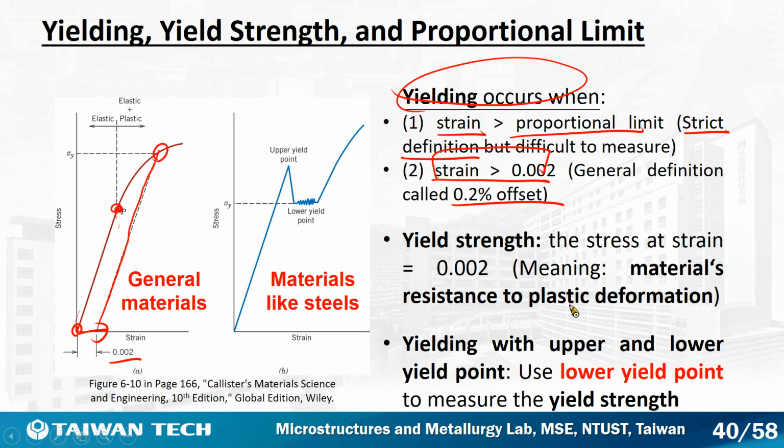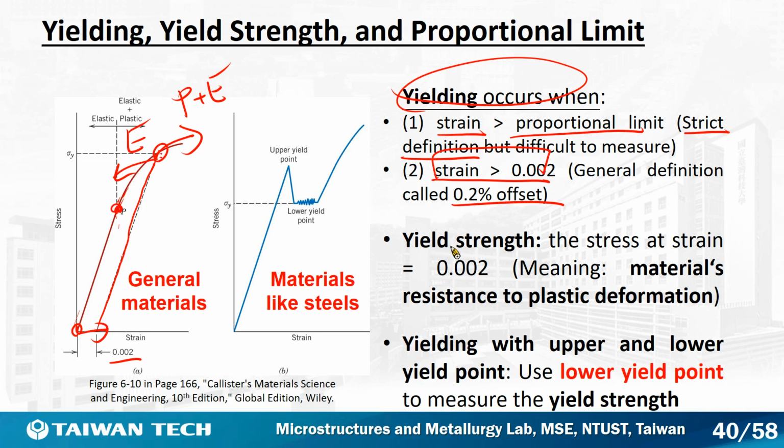This point we call the yield point. Then we define that after this point we have plastic deformation plus elastic deformation. Before this point, we have elastic deformation. However, we know that the actual point is this one, the proportional limit, but this point is actually very close to this one. So try to know the difference between the proportional limit and the yield point.